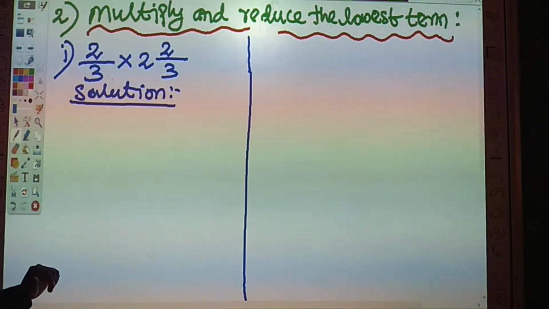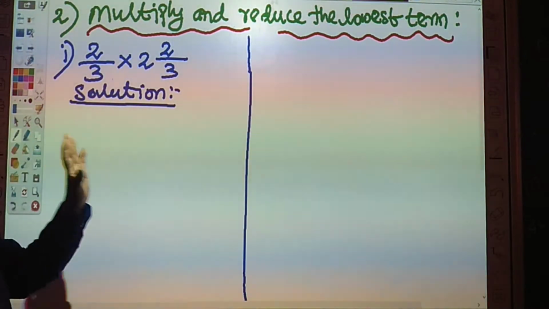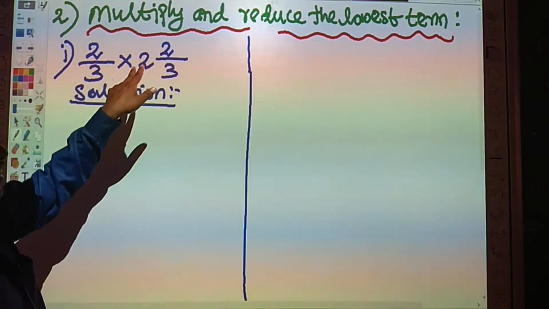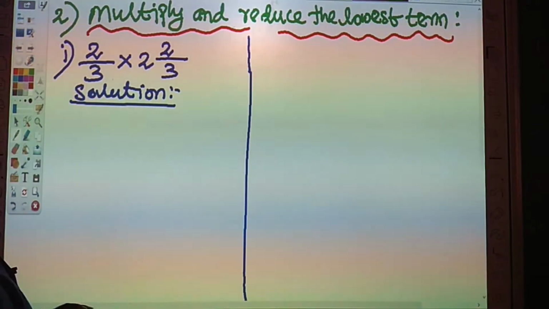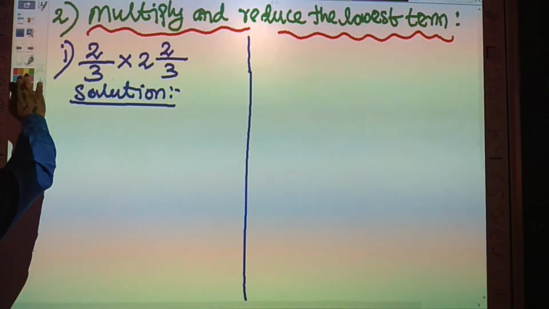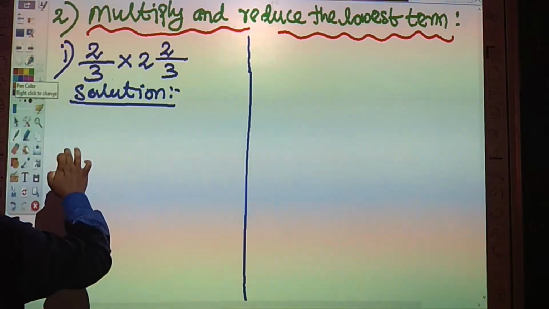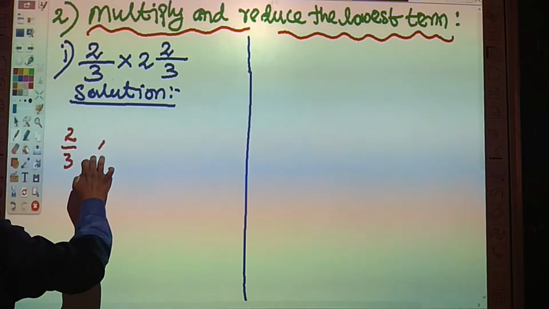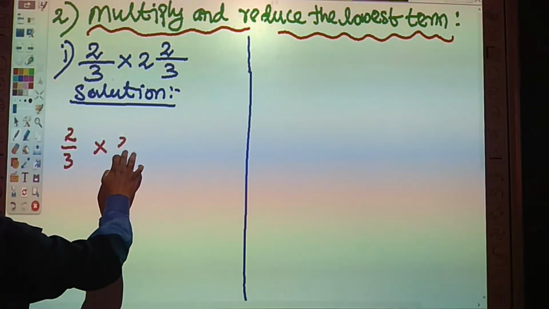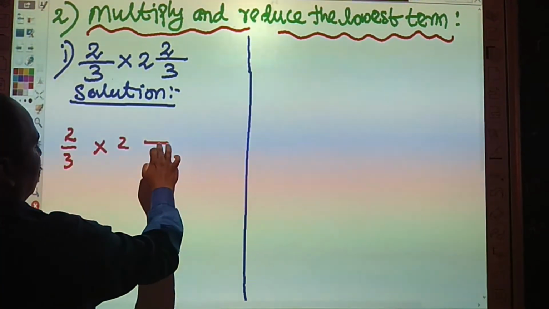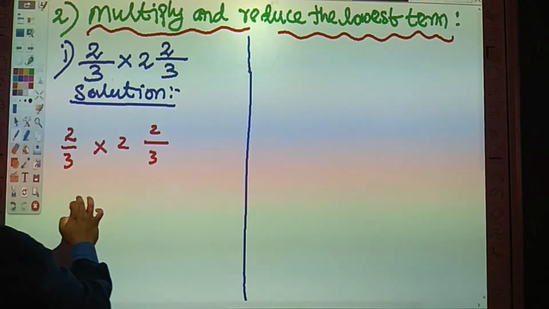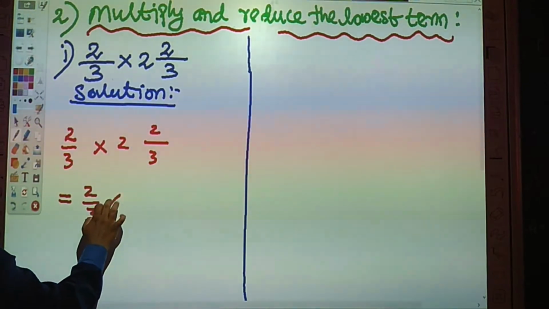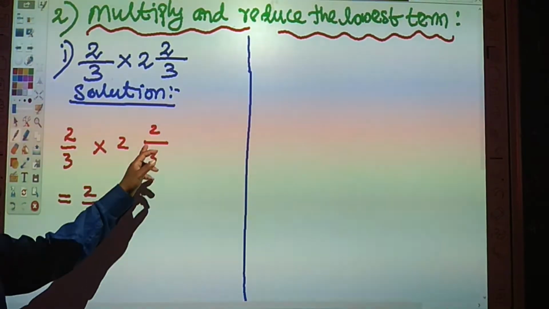The first term is a fraction, then the second term is a mixed fraction. So 2 by 3 into 2 into 2 by 3.